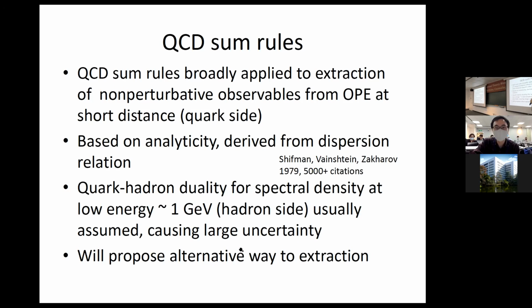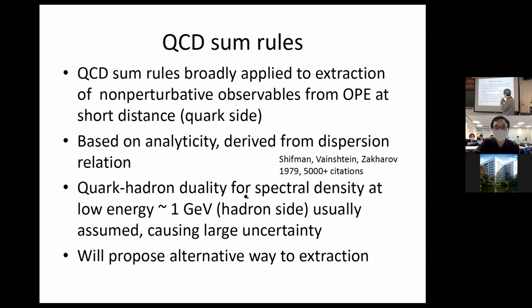With this assumption, people can extract the non-perturbative observables. However, this quark-hadron duality is applied at very low energy, around 1 GeV, and we don't know whether it holds at such a low energy. So this assumption usually causes large uncertainty.